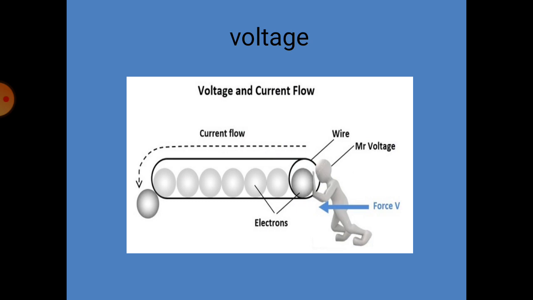Voltage. Voltage is nothing but a force which causes electrons to move from one place to another place. In the figure, we can clearly observe that a force is applied on some electrons, and they flow through that wire or conductor in a particular direction.